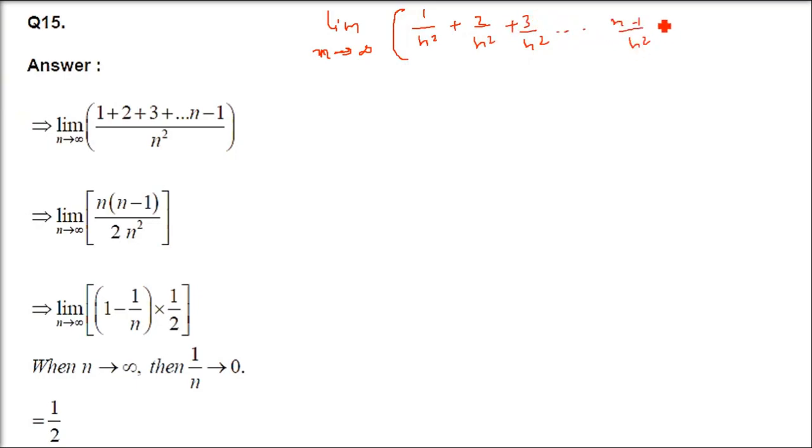Now you see the denominator is n square everywhere. So just take n square in the denominator, and in the numerator all the terms 1 plus 2 plus 3 till n minus 1.